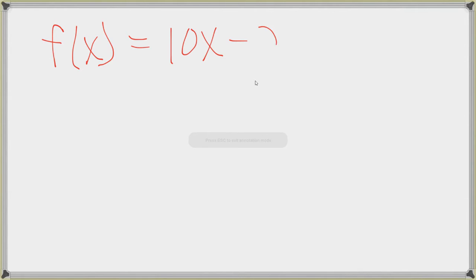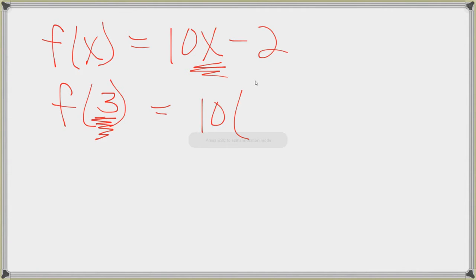Now, let's think back to our function notation just a minute. What did we do? We took some number that was in parentheses like this. Watch this. When we had f of x equals 10x minus 2, and we were asked to find f of 3, we took the 3 that was in parentheses.